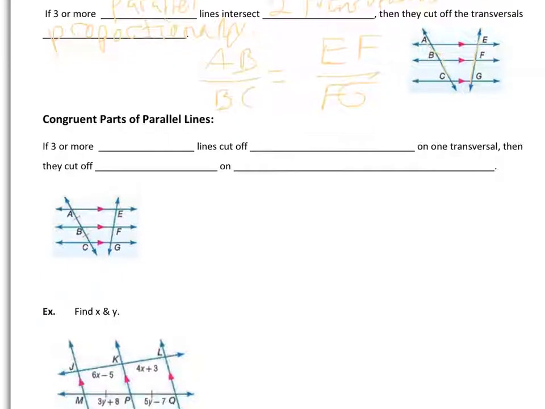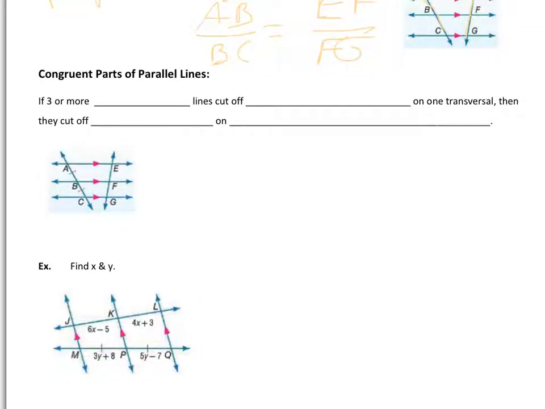And congruent parts of parallel lines, continuing that idea, if 3 or more parallel lines cut off congruent segments on one transversal, then they cut off congruent segments on every transversal.